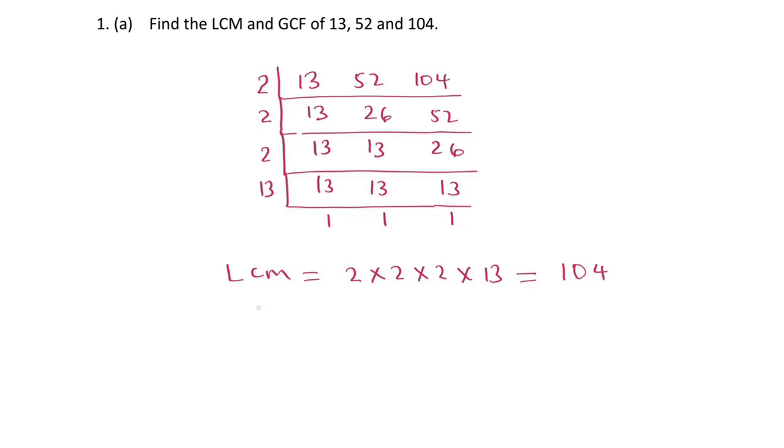Next, to find the GCF, we are going to take the product of the divisors that divided all of the numbers at once. In our case, those numbers are 13 and 1. So GCF is going to be 13 times 1, which after solving is 13. And those are going to be our answers.